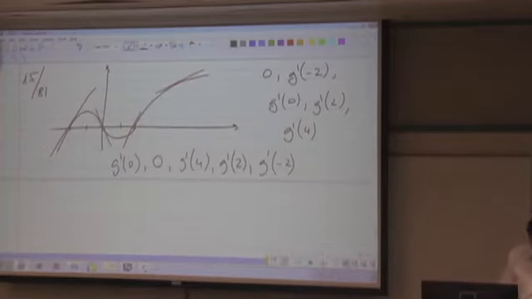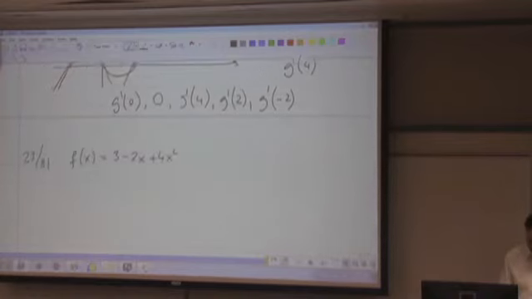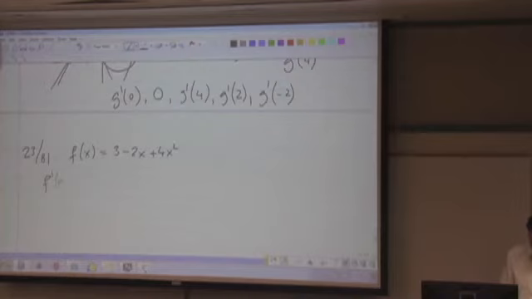Okay, so let's see. 23 on page 81 says the following. f of x is equal to 3 minus 2x plus 4x squared. Find f prime of a.